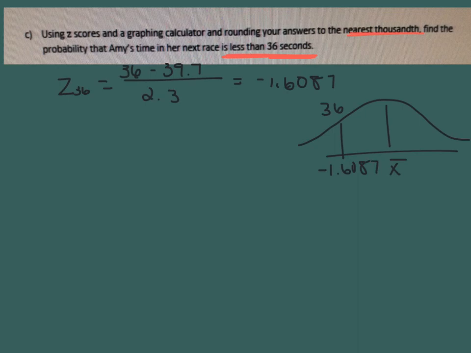If we want the probability that her next race time is less than 36 seconds, we want everything to the left of this number right here. So we want everything between a really small z-score and this z-score, which is our upper bound. When we do normal CDF in our calculator, our lower bound needs to be some really small number. Before, we used positive 9999 for our big number, so we can use negative 9999 as our lower bound.